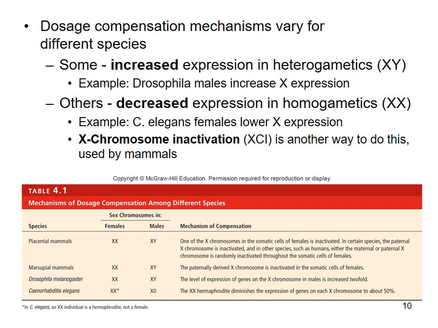Go ahead and take a look at table 4.1. It gives us different examples of species that we've come across in the XX and the XY variation, and it talks to you about the different mechanisms of compensation.